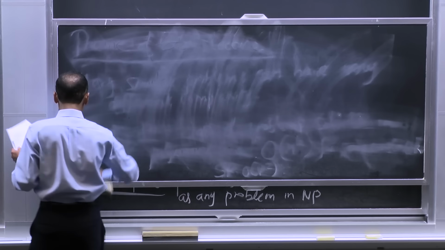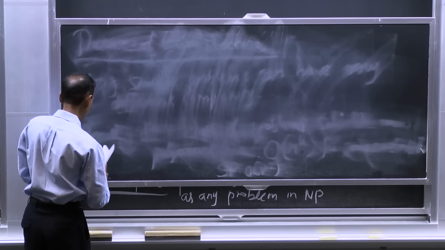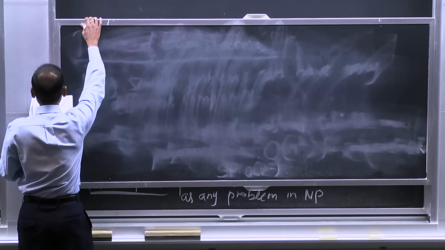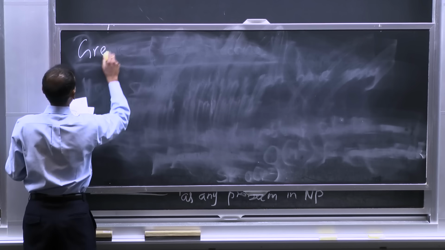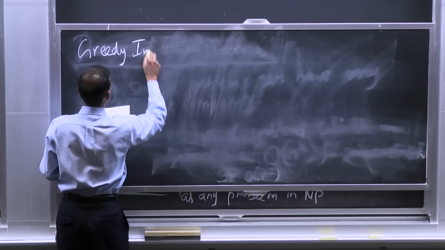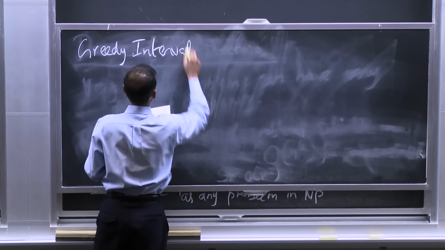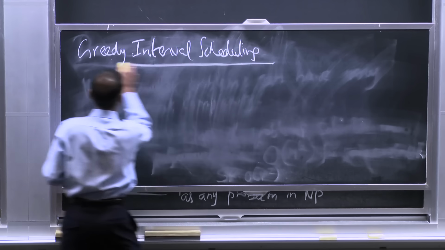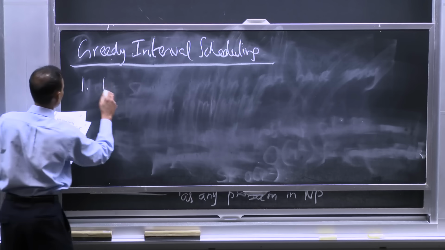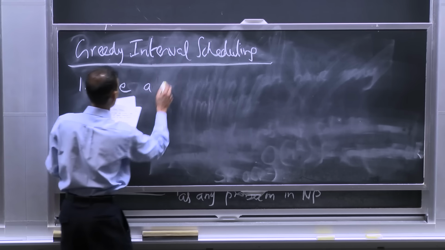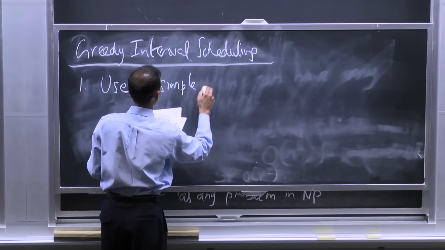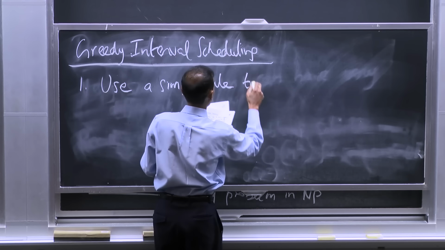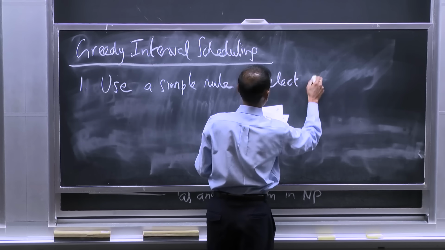Before we even get into particulars of selection strategies, let me give you a template for greedy interval scheduling. So step one, use a simple rule to select a request.